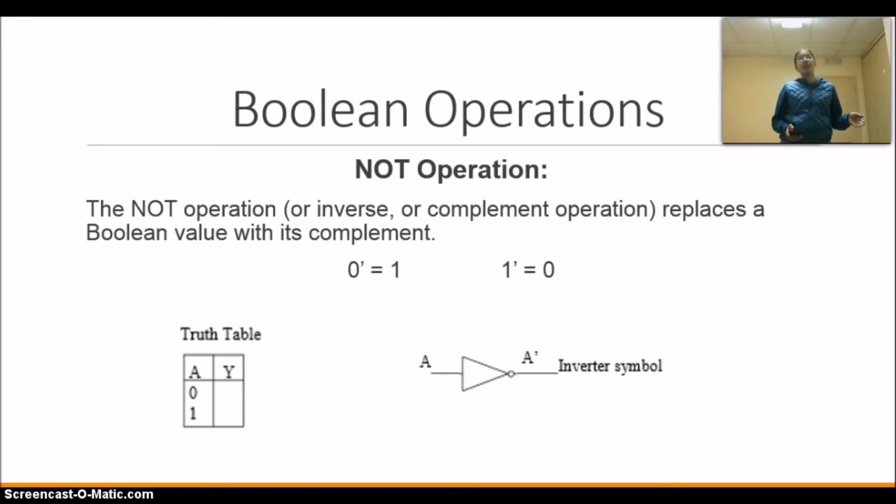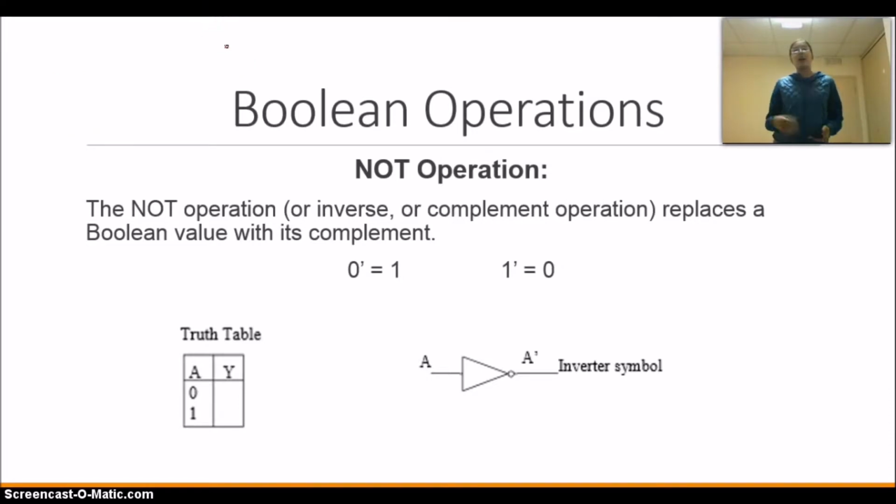Every function is going to have its truth table, which shows us the combinations that we can make, and its symbol. For example, in the NOT operation, we're going to have the opposite of our main value. In the truth table, we have our variable A, and we have 0 and 1.